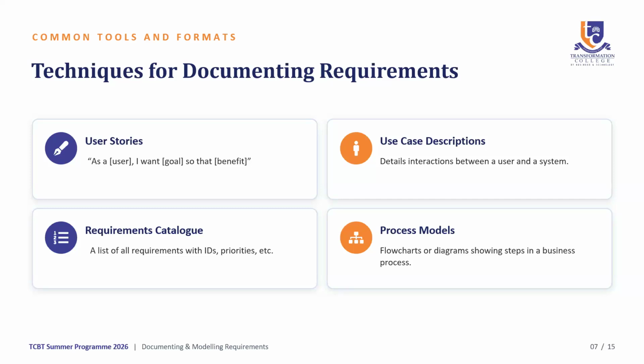Now the next one is a process model. We have data models, we have process models. Flowcharts or diagrams that show the steps in a business. The simple term there just implies modeling steps for the business.